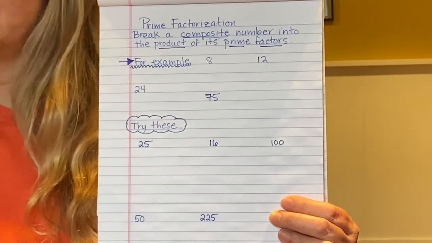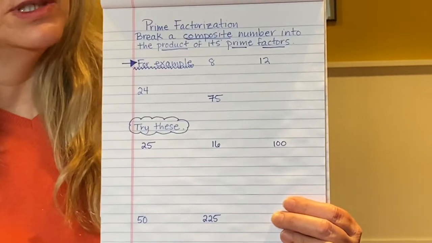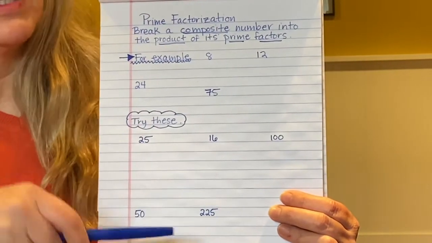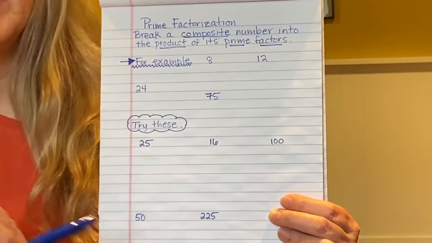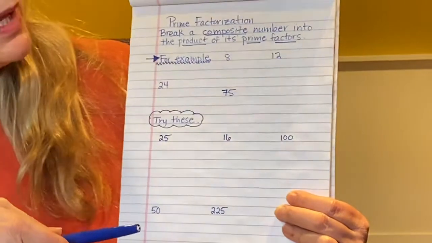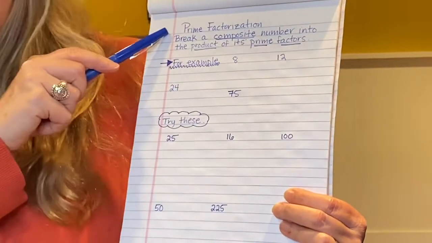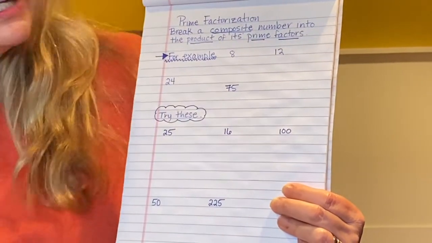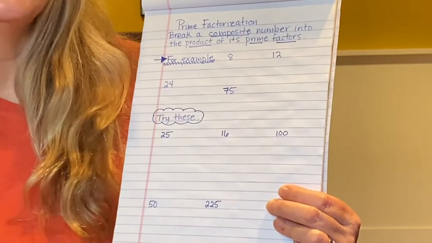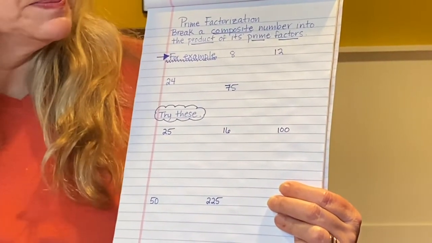You can say 1 times 4 and 2 times 2. So if it's not prime, it's composite. Composite is a number that has more factors besides 1 and itself. Now, prime factorization is when you take a composite number and you break it down into its prime factors.